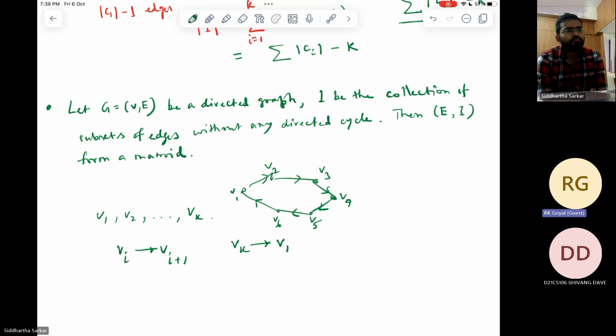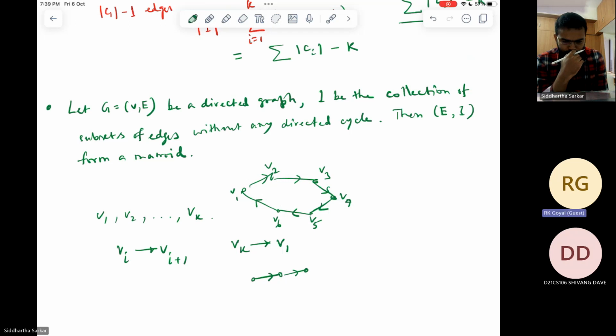So if I consider a path of length k and a path of length k minus 1, is it necessary that there exists an edge in the path of length k which is not going to form a cycle with k minus 1?